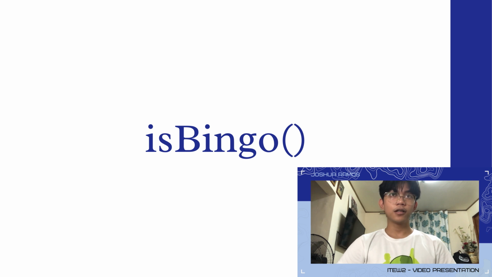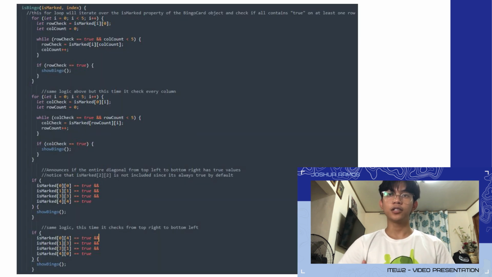So the general algorithm for this function is that using a matrix, a collection of Boolean values, isMarked, a property of the bingo card object, the program will check to see if the value is true.